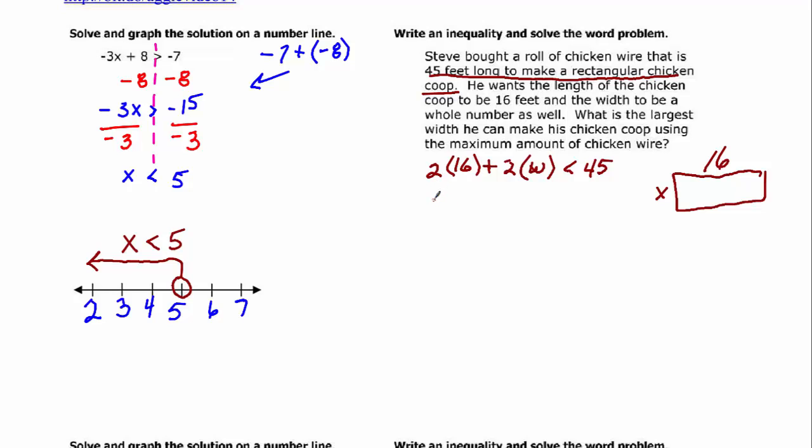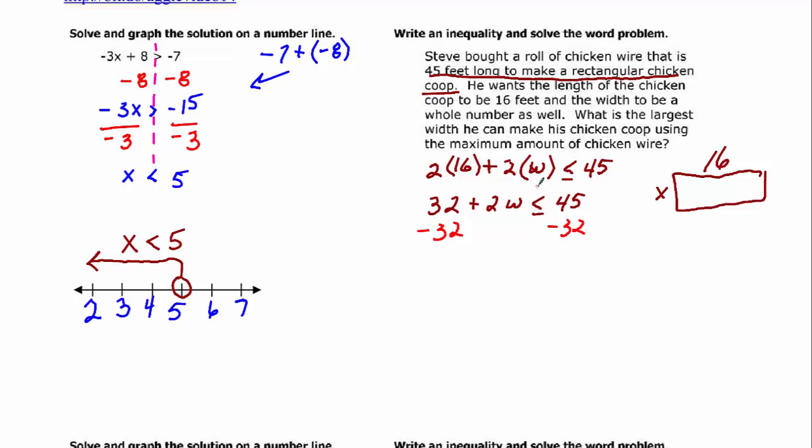All right, so 2 times 16, 32, plus 2w has to be less than or equal to, I should have put an equal, because it could be 45. Less than or equal to 45. All right, first thing that we're going to do, we're going to get rid of that 32. This starts looking just like the problem at the left.